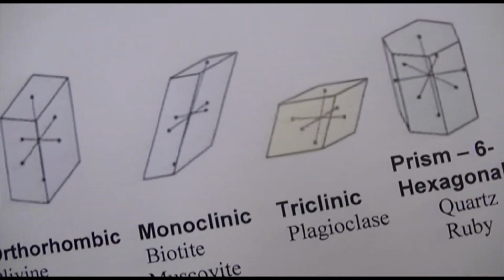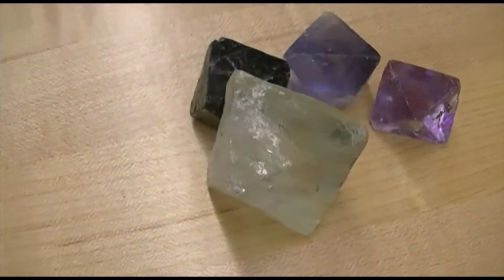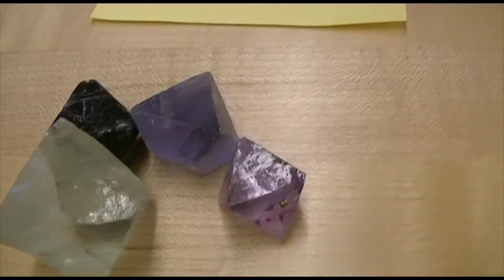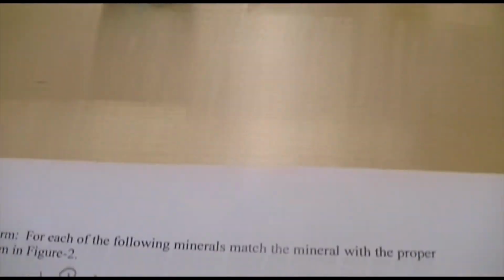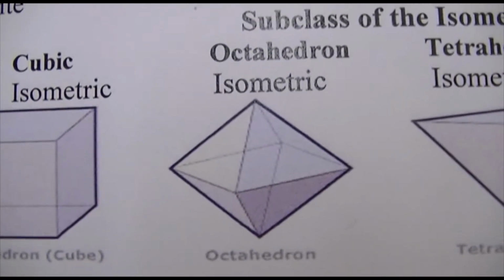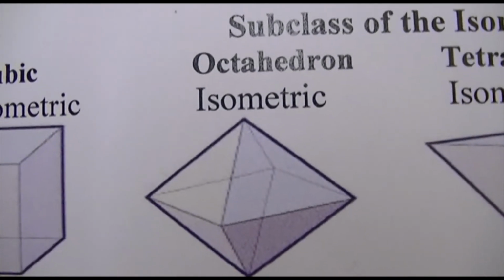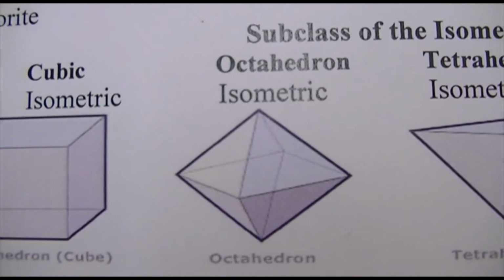This next crystal is pretty unique. I mean, this is kind of a cool mineral. This mineral is forming octahedrons. So these aren't cut. These aren't polished. They're naturally occurring. So these are octahedrons. It's in the isometric class, which is the same crystal class as cubic.